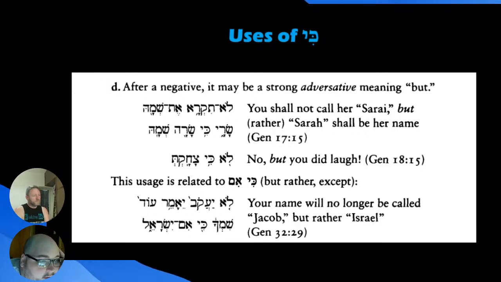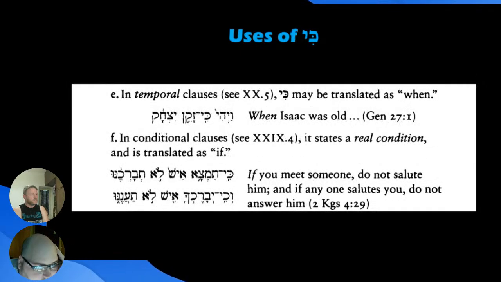And lo ki tzachakt, no, but you did laugh. This use is related to ki im. Lo Yaakov yamer od shimcha ki im Yisrael. Your name will no longer be called Jacob, but rather Israel.